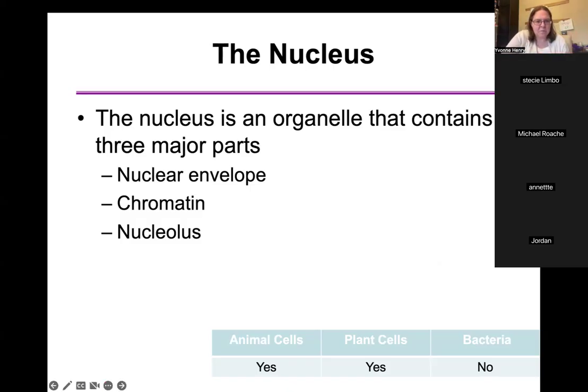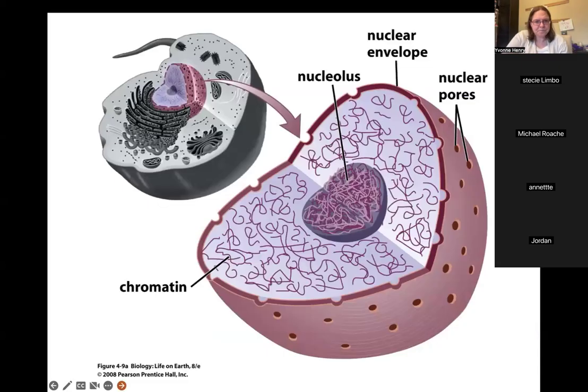So let's look at the pictures to see the distinction there. So here's the picture. We have our nucleolus in the center, which has all of the dense chromatin in it. We have our nuclear envelope around the outside with these holes in it, these nuclear pores.